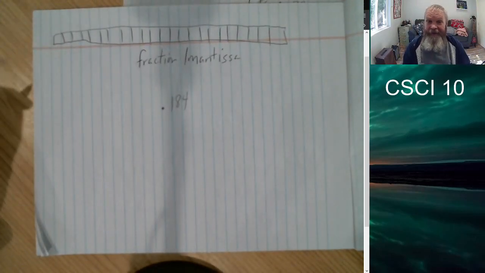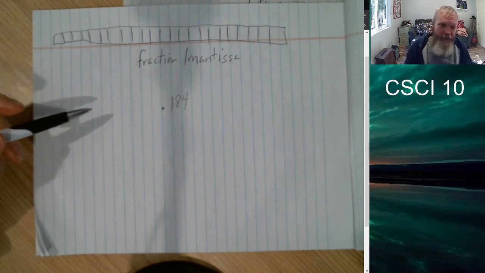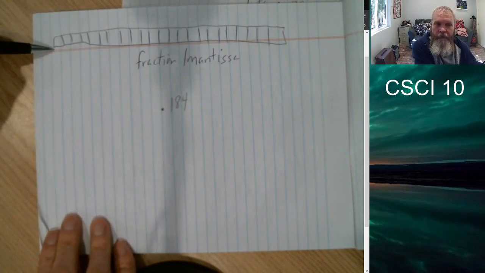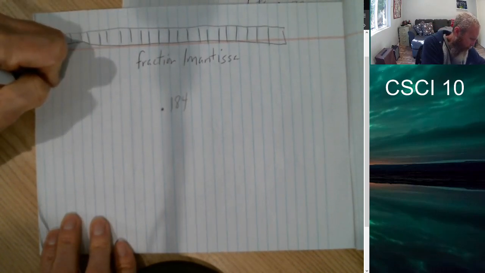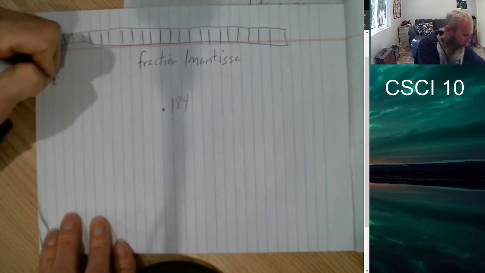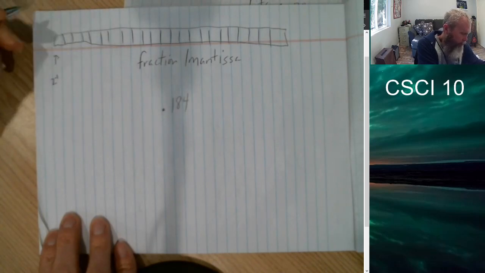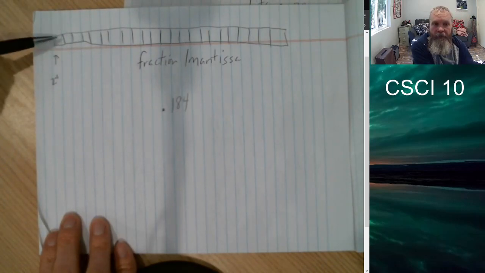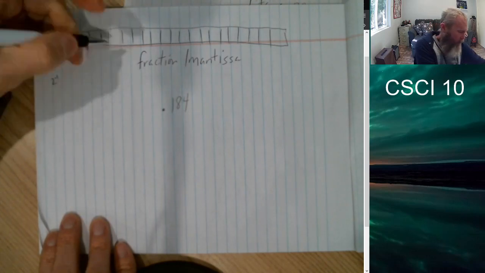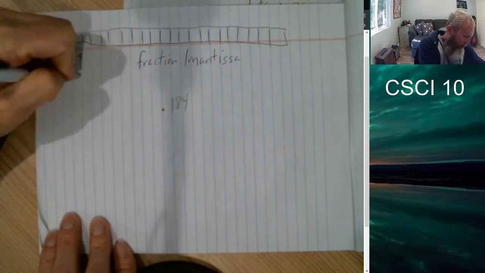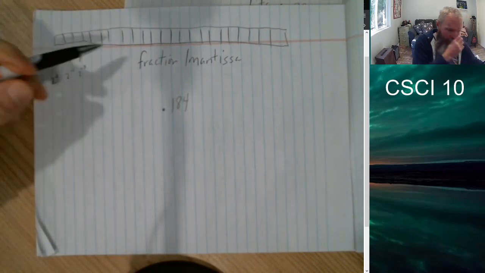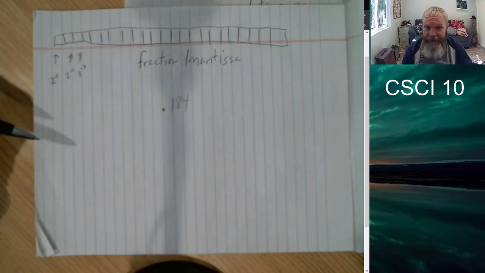All right, so how does this part work? For this part, you kind of go binary backwards. So this first bit is 2 to the negative 1. And then we just work our way backwards: 2 to the negative 2, 2 to the negative 3, all the way up to 2 to the negative 22nd.